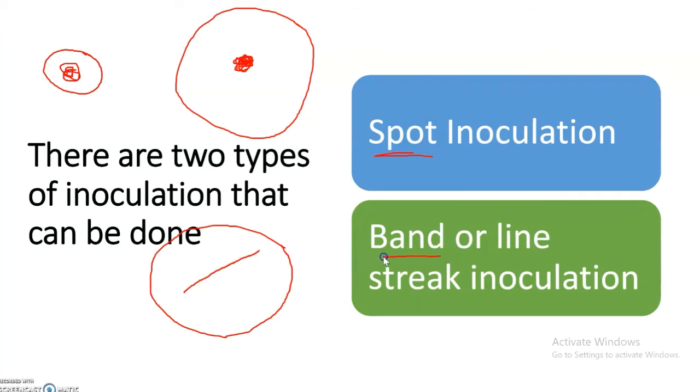As the name shows, band and line streak. So you have to draw a line 3 to 4 cm long. You can use either of these methods for inoculation.